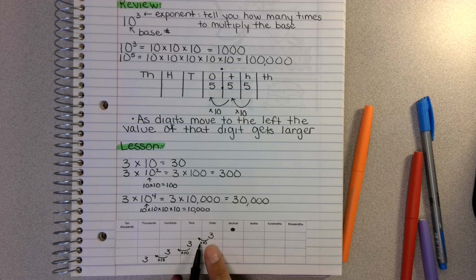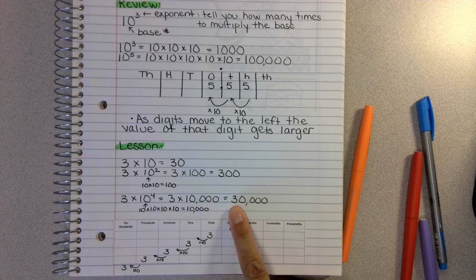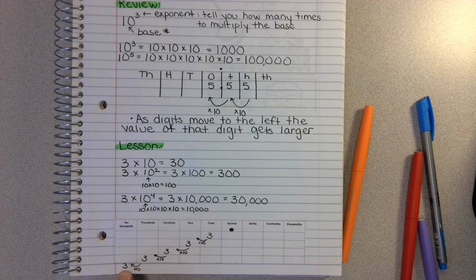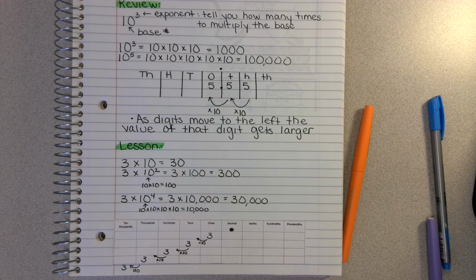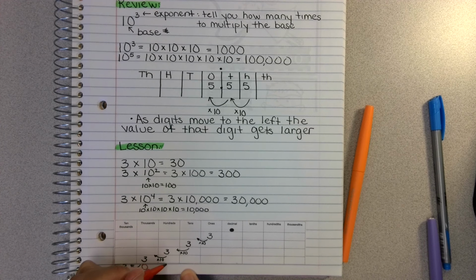So this is 1, 2, 3. Oh, I needed one more layer to my times 10. So now my 3 is in my 10,000s place. And to hold its place there, I can't just leave that 3 alone. I have to put placeholders in all the place values that are to the right of it.